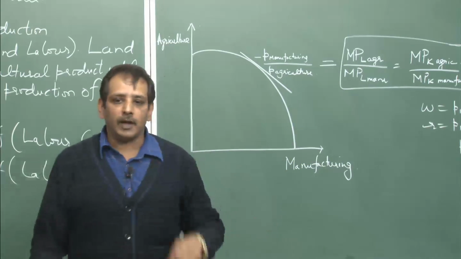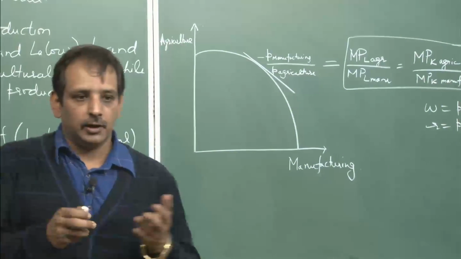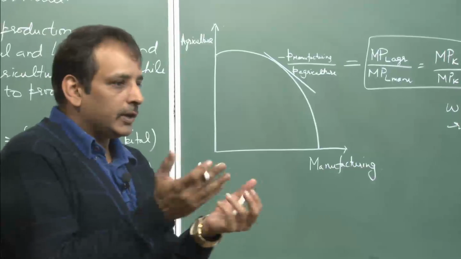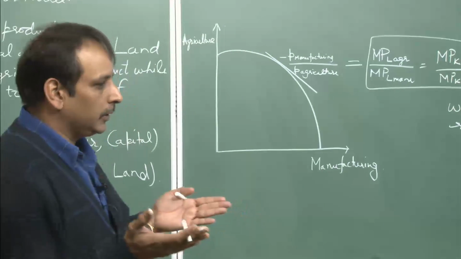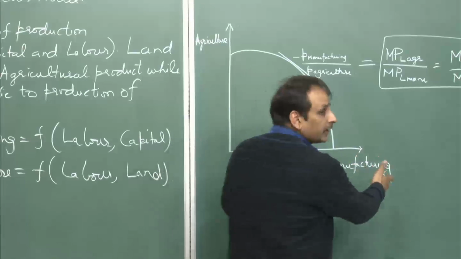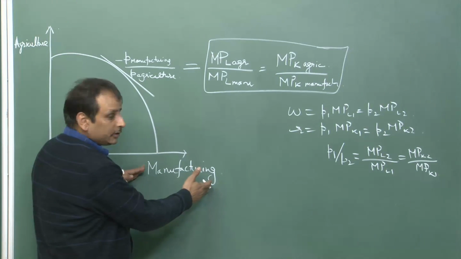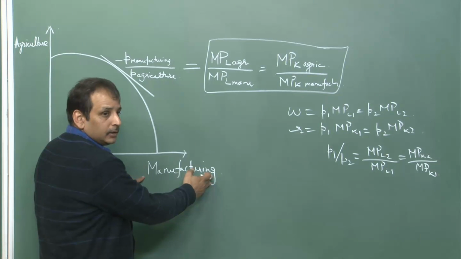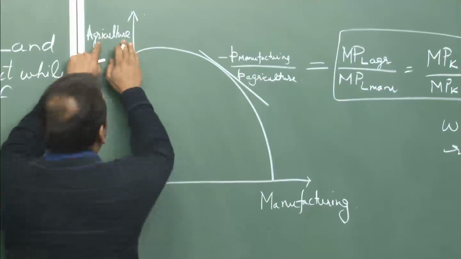Now see what happens. It's a little deviation from the fact that manufacturing uses capital and labor, while agriculture uses land and labor.